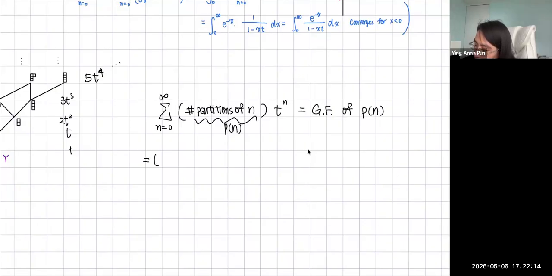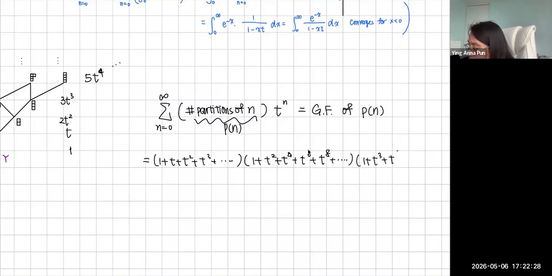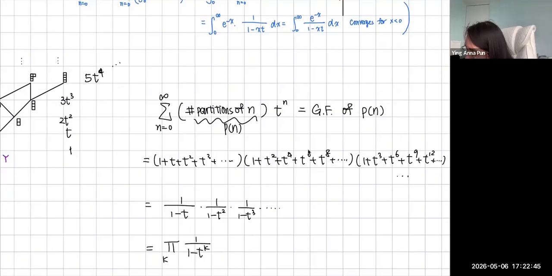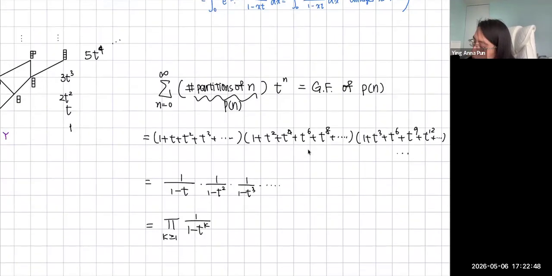This is just 1 plus t plus t squared plus t cubed and so on, times 1 plus t squared plus t^4 plus t^6 plus t^8 and so on, times 1 plus t cubed plus t^6 plus t^9 plus t^12 and so on. So you can write it as 1 over (1 minus t)(1 minus t squared)(1 minus t cubed) and so on. Or a nicer way is the product of 1 over (1 minus t^k), k from 1 to infinity.